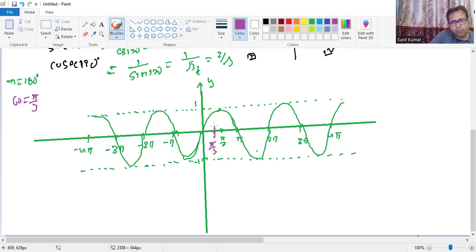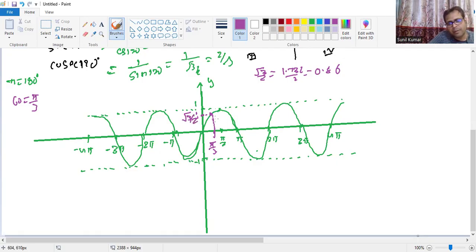If you extend this line, it cuts at this point, which is nothing but root 3 by 2. Root 3 by 2 is 1.732 divided by 2, which is about 0.86, so suppose this point is 0.86. We can also say this is root 3 by 2.